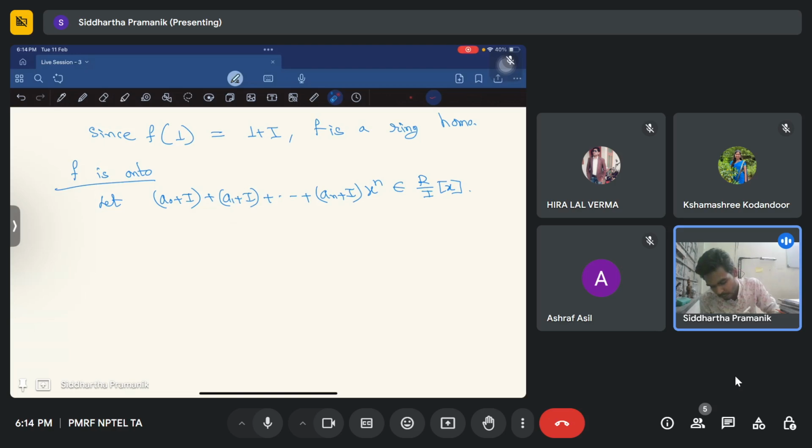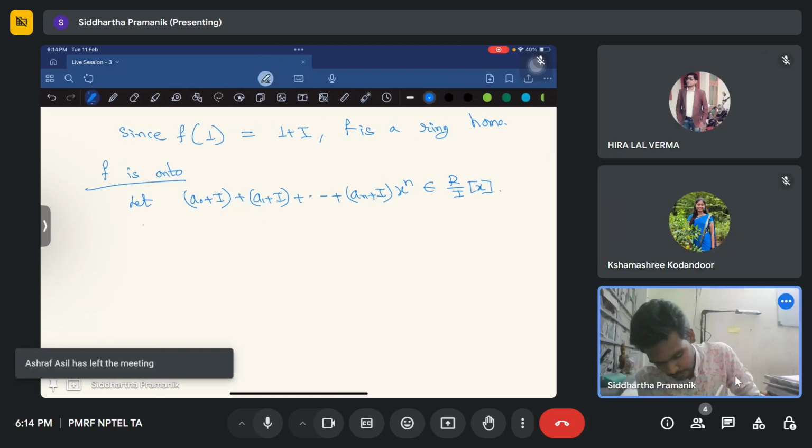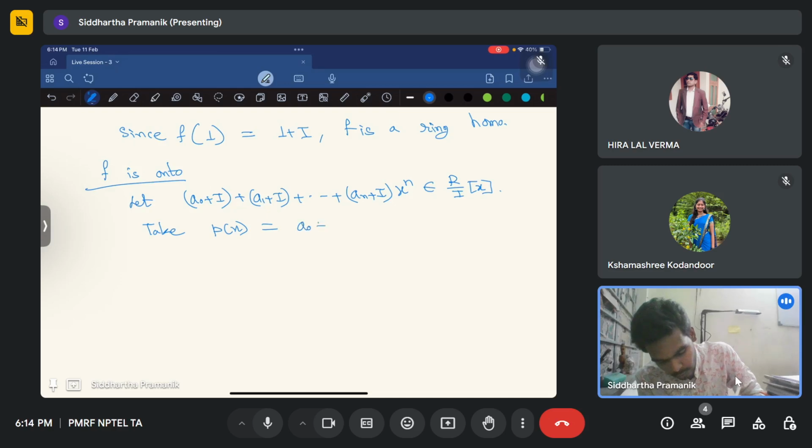Naturally, if we take the polynomial a0 plus a1 x plus ... plus an x^n, then this is a polynomial in the ring R[x], right?